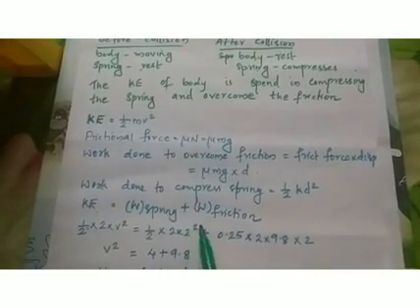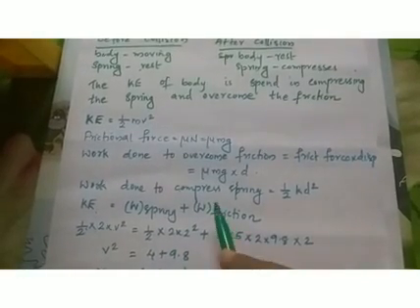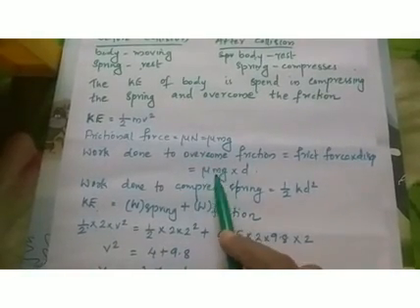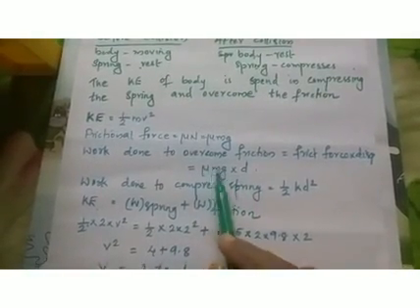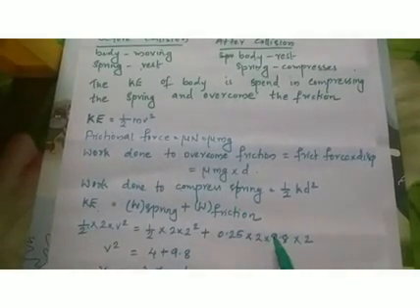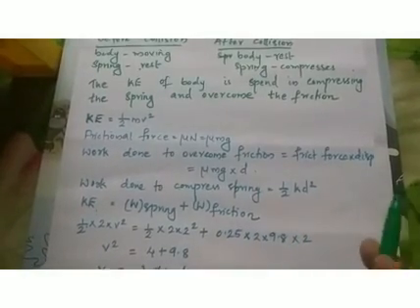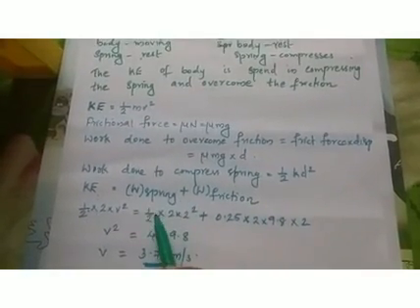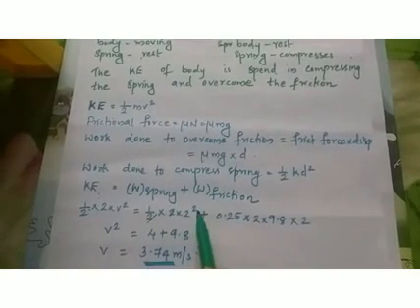So d square will be 2 square. Then plus the work done to overcome the friction, mu mg into d. Coefficient of friction is given, 0.25, into mass 2, into g 9.8, into displacement d, 2. Here this 2 and this 2 will cancel, and we are left with 4.